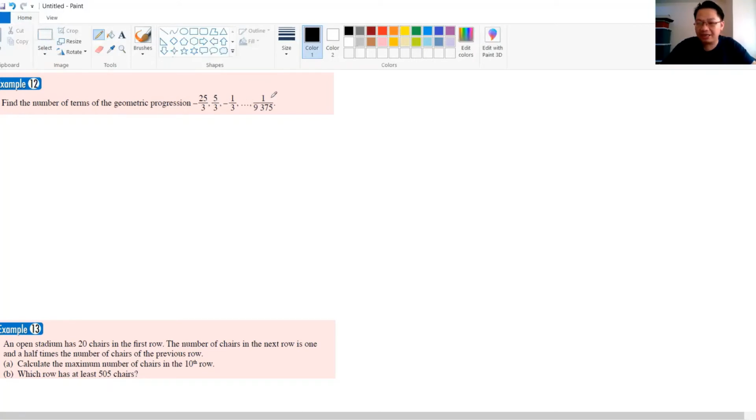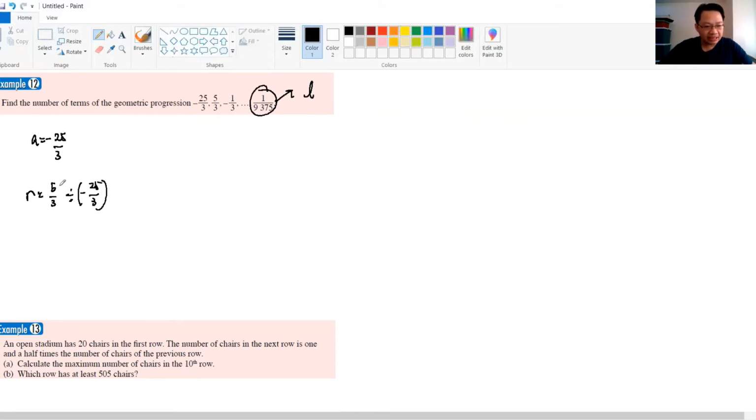All of a sudden we also have a number here, which we call the last term. You still remember the last term? I told you the last term equals Tn. Always remember that. Now your A here is negative 25 over 3, your first term. Your r is the second term divided by the first term.